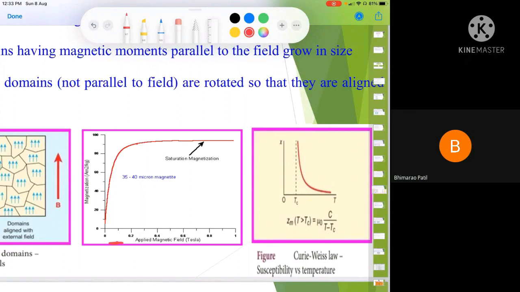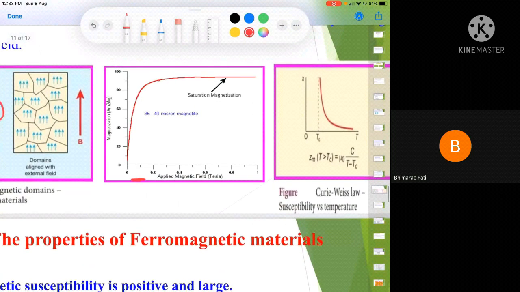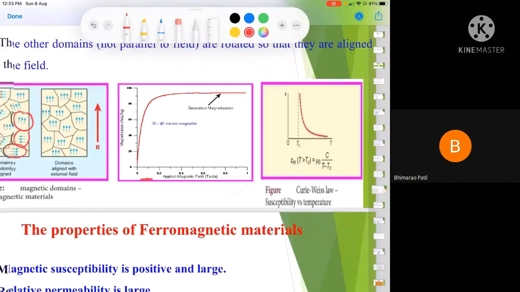Therefore that temperature is known as the Curie temperature. Below that temperature, the material shows strong magnetism. Above that temperature, the material behaves like a paramagnetic material. Ferromagnetic materials are always characterized by the Curie temperature. You may remember that Curie temperature.